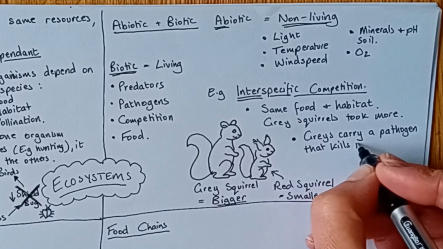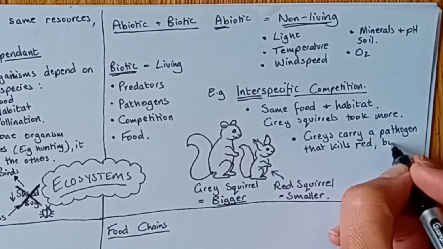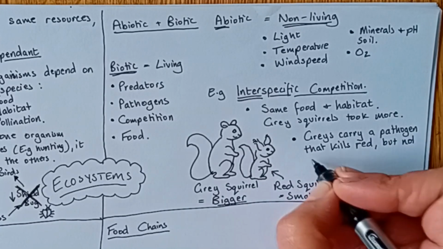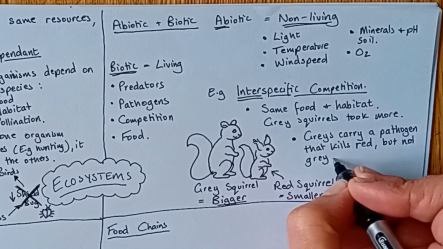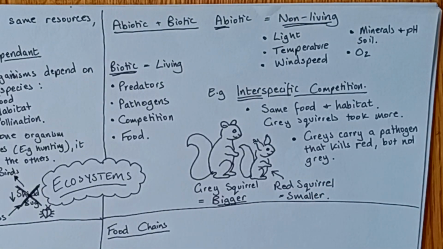It kills the red squirrels, but not grey. And these biotic factors, the fact that they ate the same food and a pathogen was introduced, meant that the red squirrels died out. There were no red squirrels left in lots of parts of the UK.